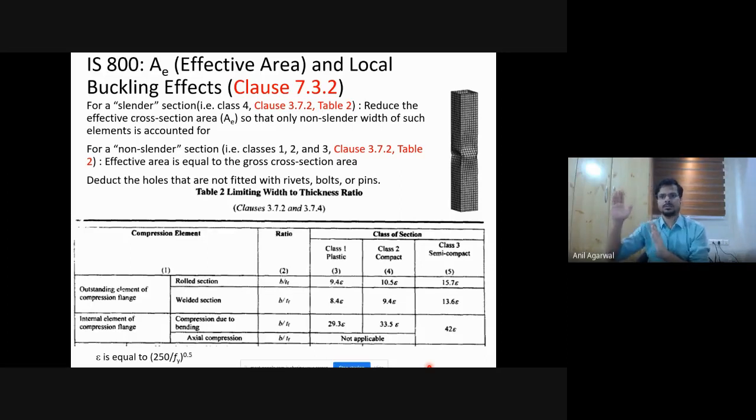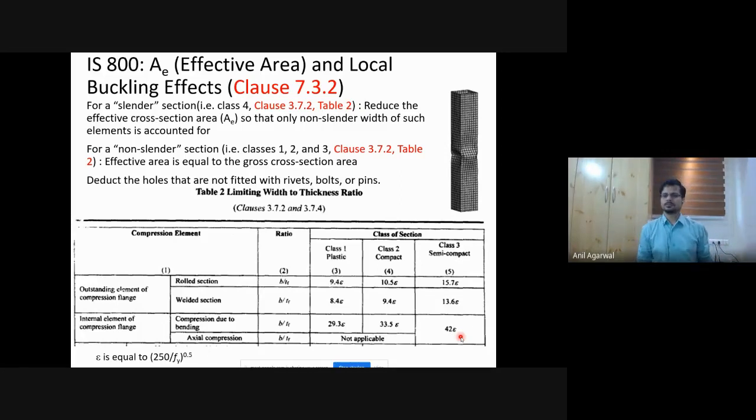Now Fy has shot up, so it will not yield at that point. But buckling is still at the same level because its E value has not changed. So now the cross section that was earlier going to yield rather than buckle will not be yielding before buckling. It will be buckling before yielding. And therefore, this number 42 has to be brought lower. So the geometry of that plate has to be made stockier. And that's why this epsilon value.